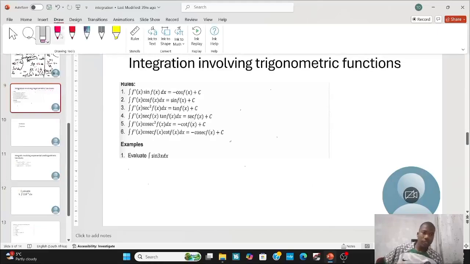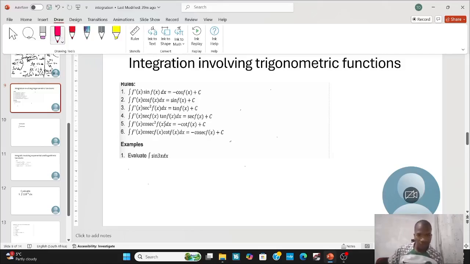Okay, so now we'll be dealing with integration involving trigonometric functions. In this lesson, we'd rather be focusing on solving them using the u substitution, which I feel is much easier for students, right? But sometime later on, we'll be using the formulas, right?